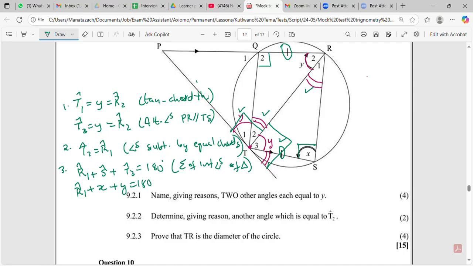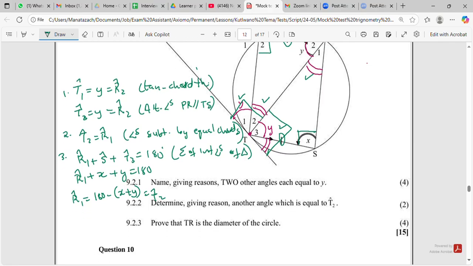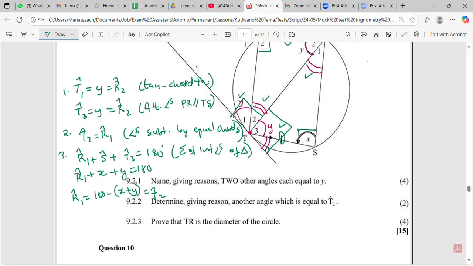So R1 is 180 minus (x plus y). That's the same as T2, because R1 is equal to T2. And then if we can prove that T1 plus T2 is 90 degrees, then we have provided the proof that TR is the diameter of the circle.